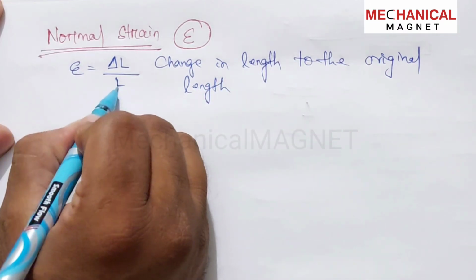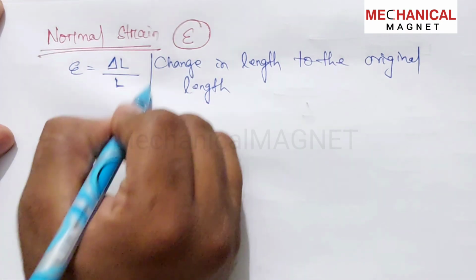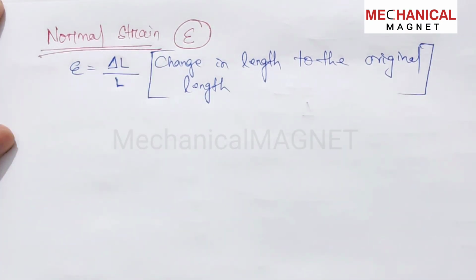So this L is the original length and delta L is the change in length. This is the definition of the normal strain.